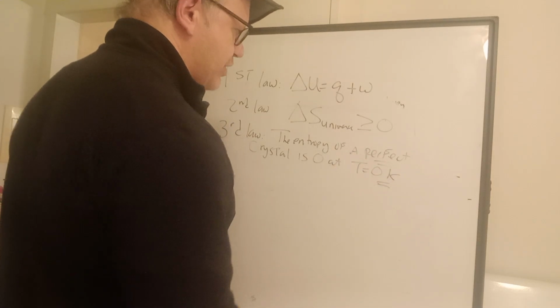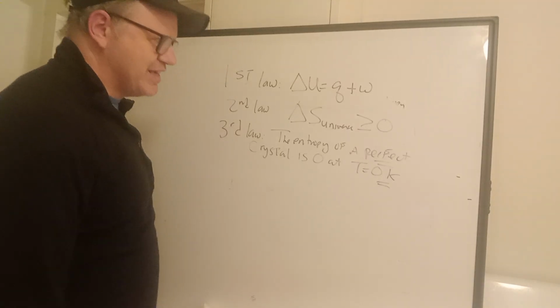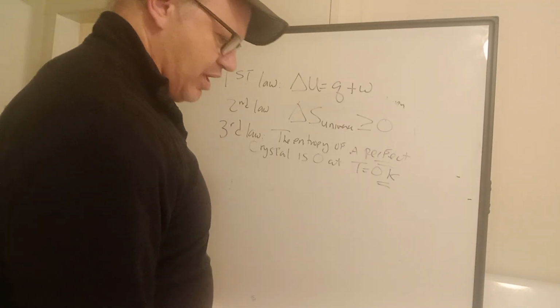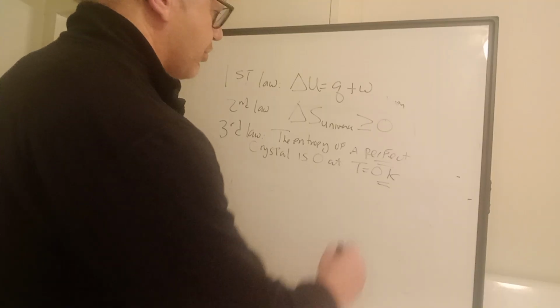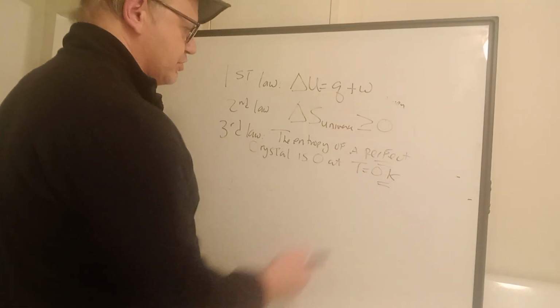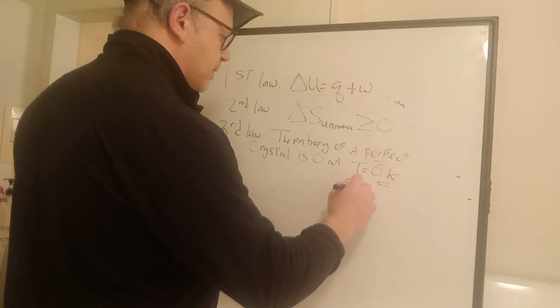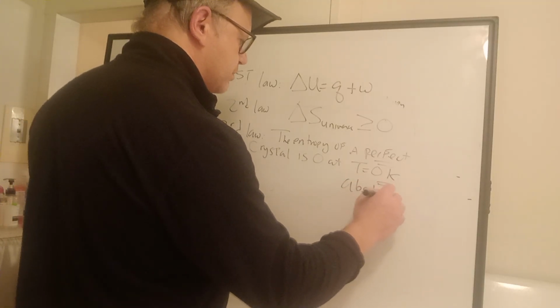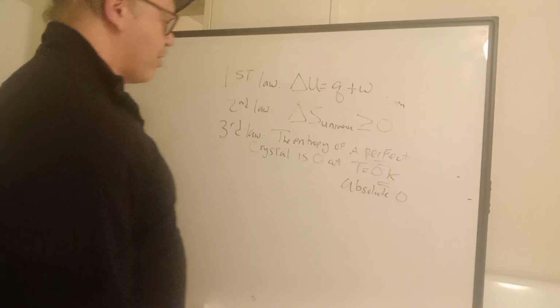Absolute 0, that's not okay. The temperature's okay, it's 0 Kelvin, actually, it shouldn't say the word degree with it. At absolute 0, the entropy of a perfect crystal is 0.